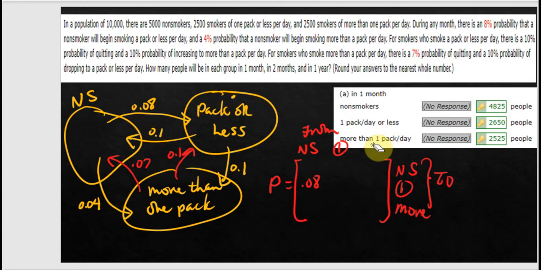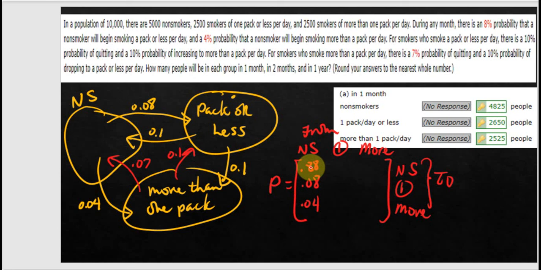What the world is a mo? We're not in the country anymore. So non-smokers to more than one pack, that's 0.04. So this has to be 0.88, because you add up these two numbers, you get 0.12. So 1 minus 0.12 is 0.88.